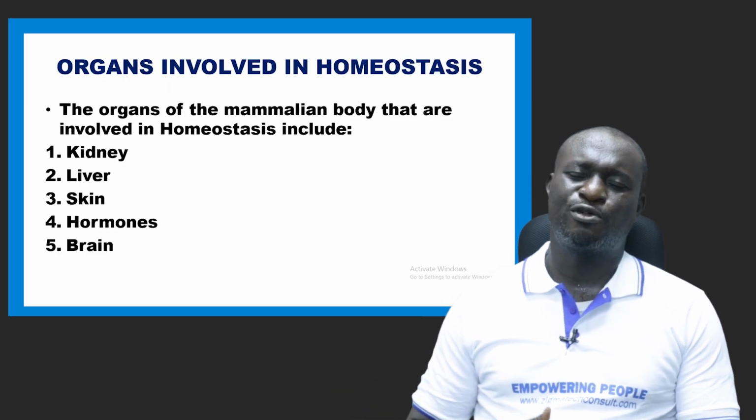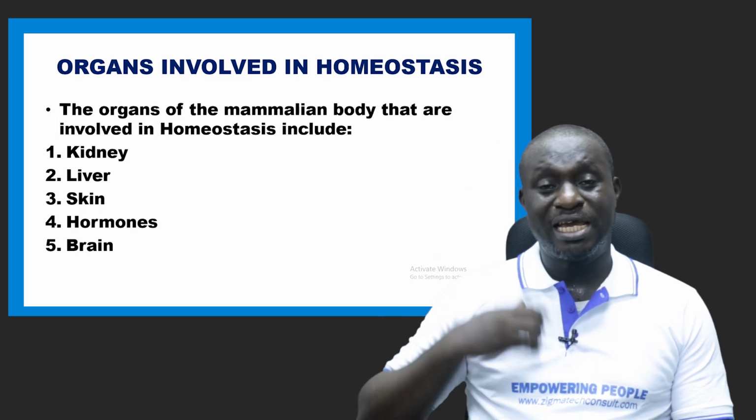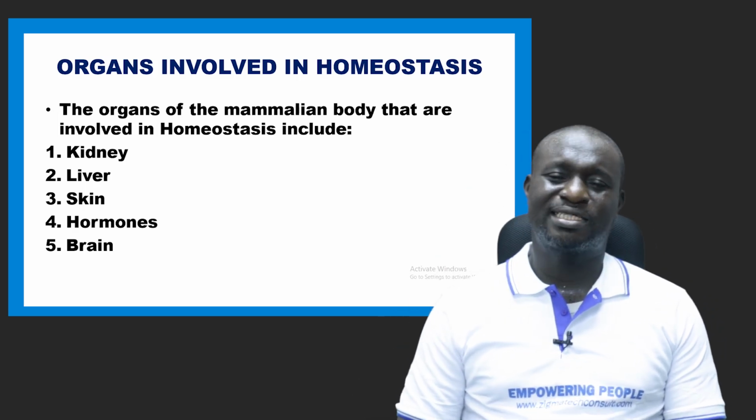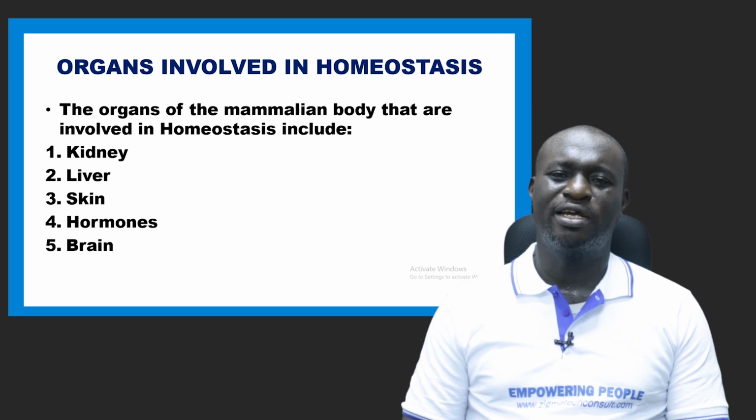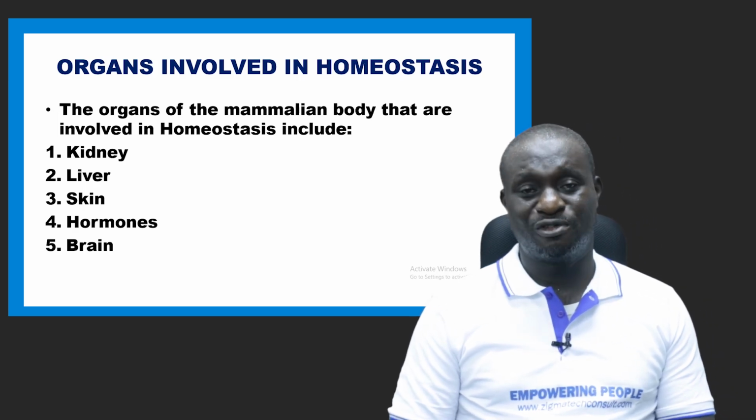Now, the next thing for us to take a look at is organs that are involved in homeostasis. There are several organs that are actually involved in homeostasis, and we're going to be looking at about five of them.